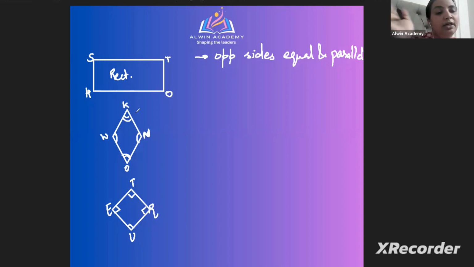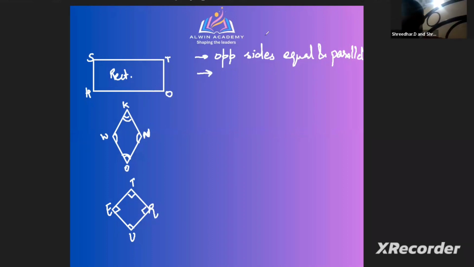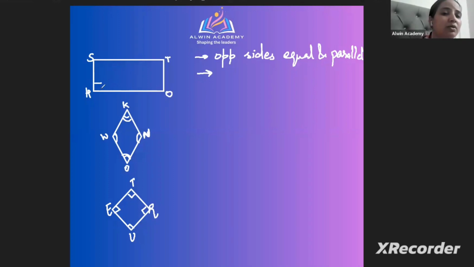Abhi, written everyone, should I move ahead? Yes, ma'am. Okay. Now, can I here also say opposite angles are equal? Yes, ma'am. And can I here say that the adjacent angles are supplementary? Right or not?